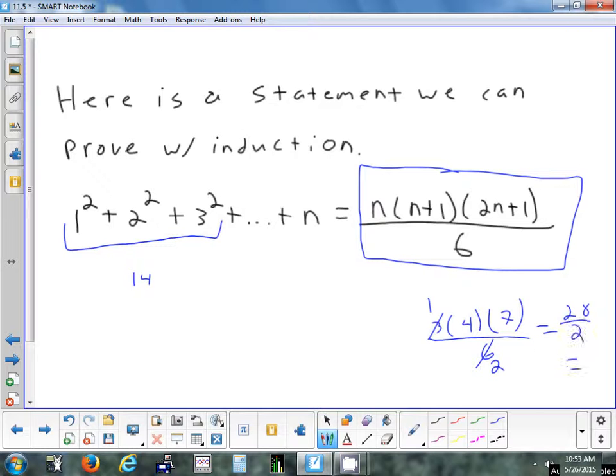And 28 divided by 2 is 14. Okay, so the formula looks like it might work. At least we know it works for the first 3. But we want to prove that it works in every case. Okay, any value you picked for n. Okay, so any questions on that? All right, so these are the kinds of problems you'd use induction for.